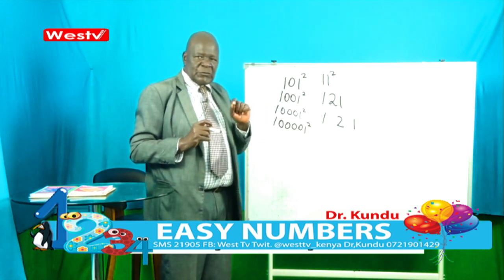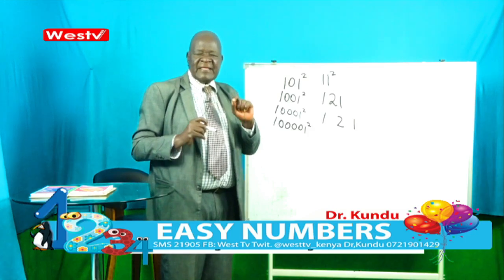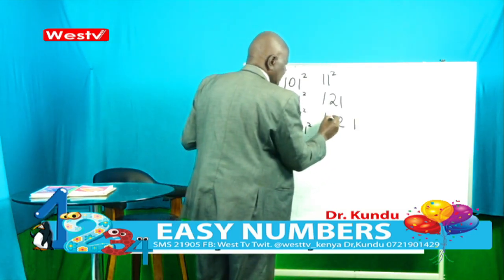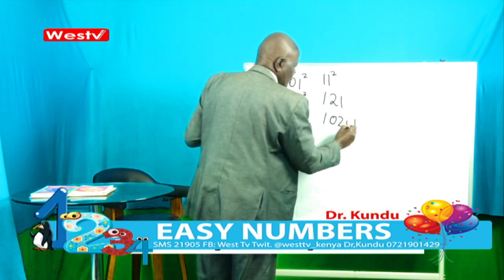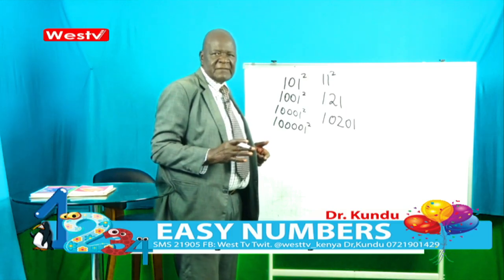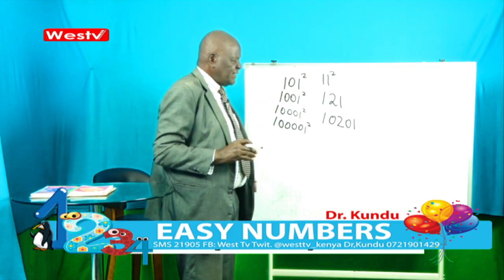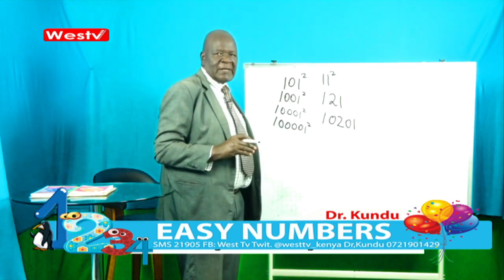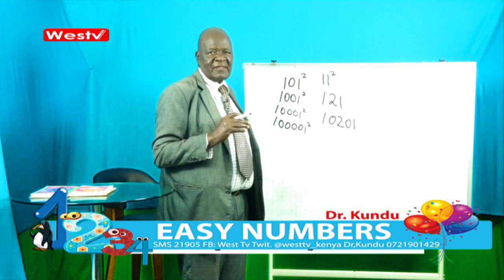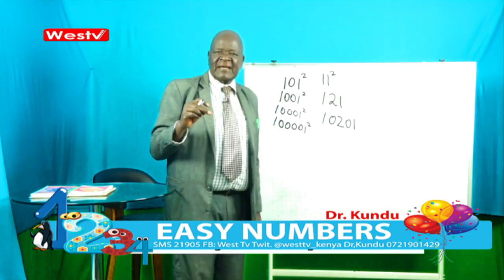Sandwich the 2 in the center of 121 by an equal number of zeros. Put one 0 on this side and put another 0 on this side, so that 2 is sandwiched in the center. And now the square of 101 is 10,201. If you keep doing this, you will square bigger numbers at lightning speed.